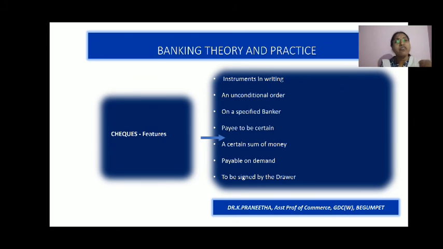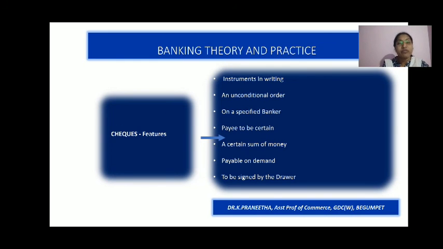If any condition is attached to the order, the instrument can no longer be called a check. It is essential that the word order or its equivalent must be used in the check. Generally, the order to a bank is expressed by the word pay. Pay this amount to this person or that person.